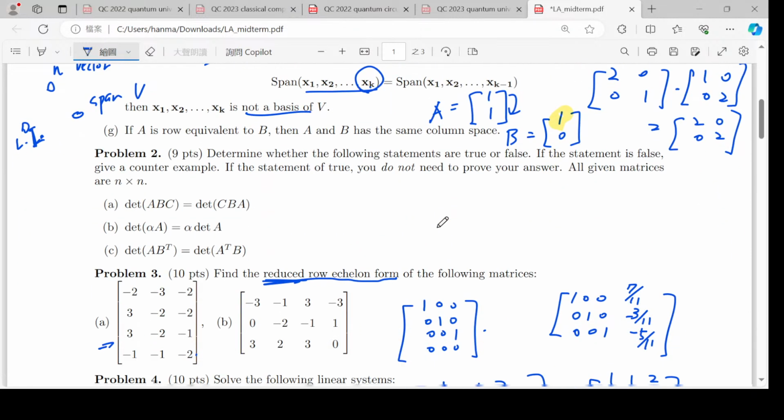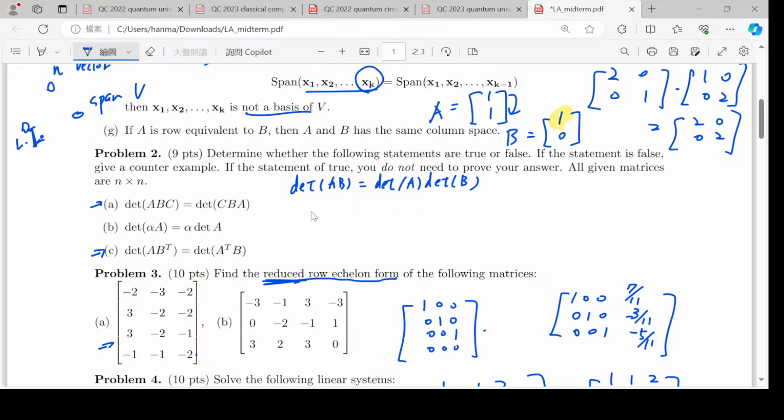And problem 2, we are asking a true-false problem on determinants. A and C are kind of similar, with a whole bunch of different orderings and orientations, but actually they will all be the same, because here we just need to remember 2 things. First, det(AB) equals det(A) det(B).